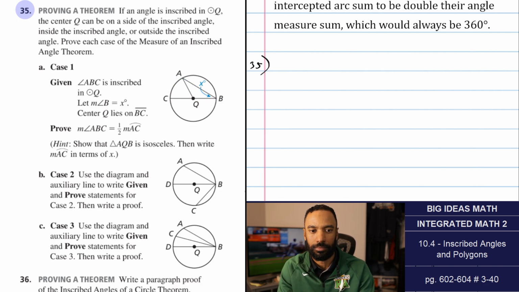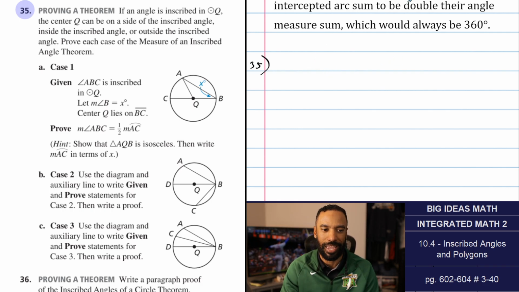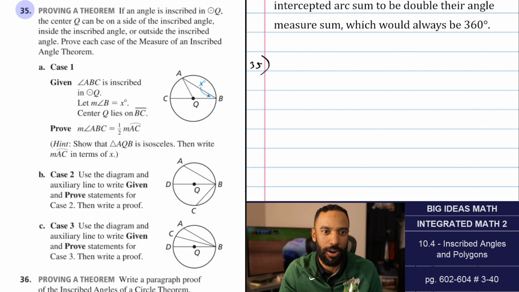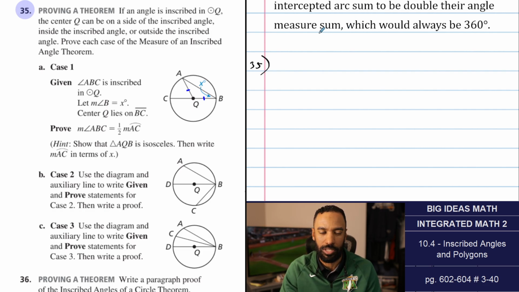All right. So they say show that AQB is isosceles, then write measure of arc AC in terms of x. So to prove that this thing's isosceles is going to be very straightforward. Q is the center, so Q to any point on the circle will represent a radius, which means these two things will be congruent to each other. If they're congruent to each other, then it's an isosceles triangle.